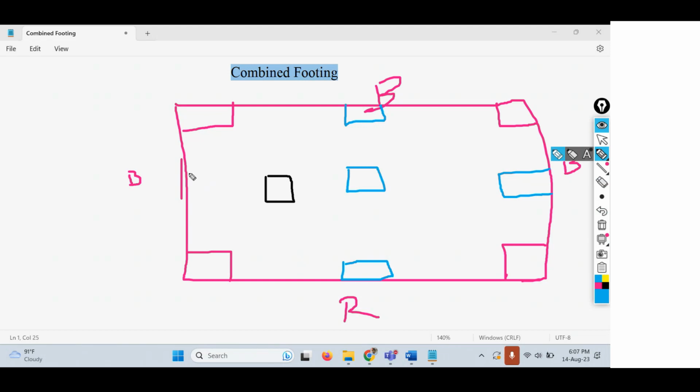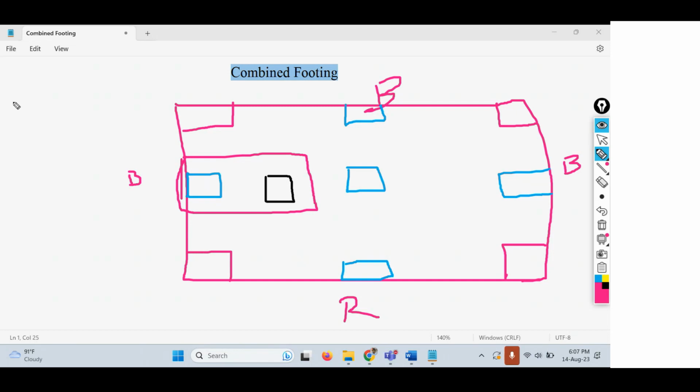One idea of providing a combined footing is to ensure the load distribution happens in a proper way. The other idea is economical: you are going to save a huge amount of construction cost. Here I'm considering only one combined footing.